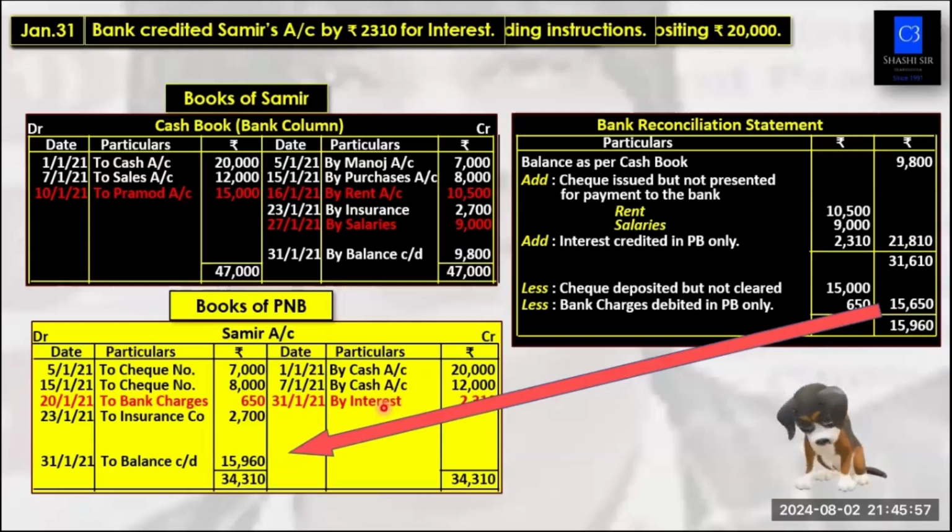But if a particular transaction is appearing at one place, in the cash book but not in passbook, or in the passbook but not in cash book, in that case, the balance will never be the same, and we need to prepare a bank reconciliation statement. So this was the bank reconciliation topic. And there can be 4 different kinds of questions asked in your examination regarding this topic.